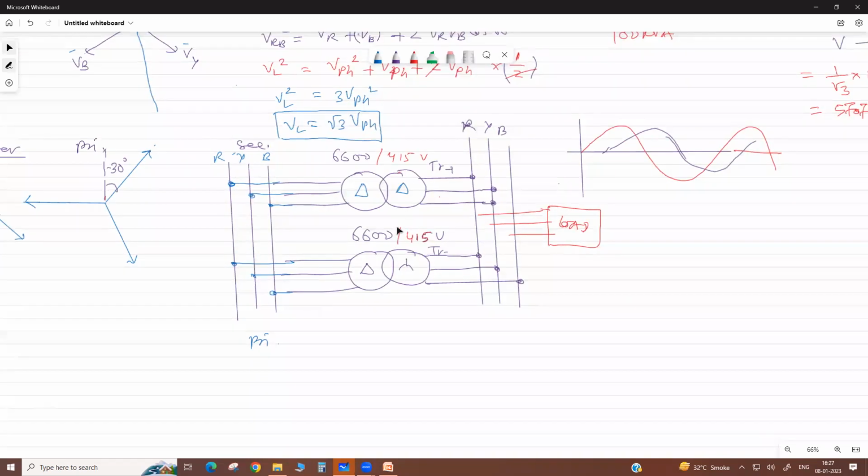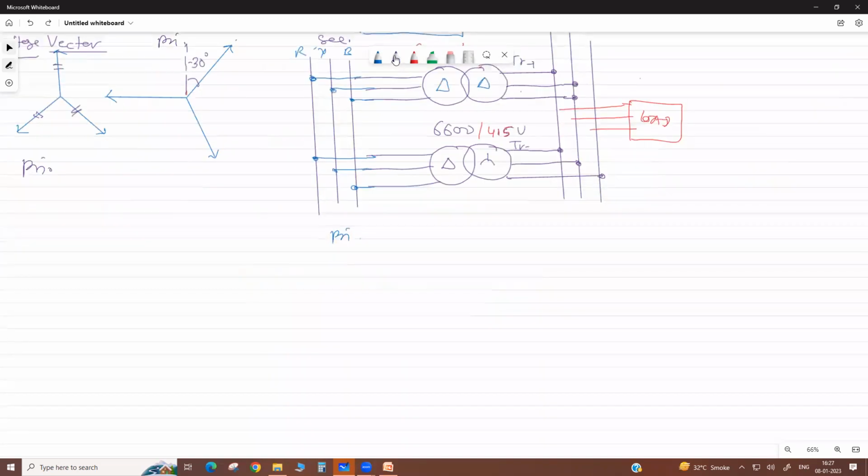Same capacity, but due to the different secondary connection, there is a phase difference in the voltages, either lead or lag. So this is another essential condition. When we apply for a job, it is written: essential qualification and desirable.